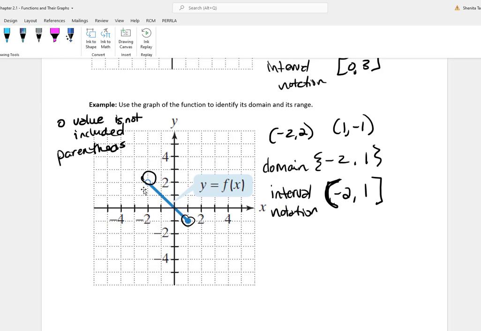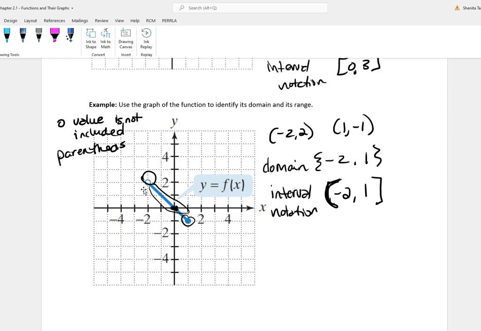Okay? Now the reason why I didn't write out the full domain like you have this point here as well, 0, 0. For this purpose, I'm only looking at the interval notation. So from -2 to 1 will include all of this in here. So it'll include this 0 here.